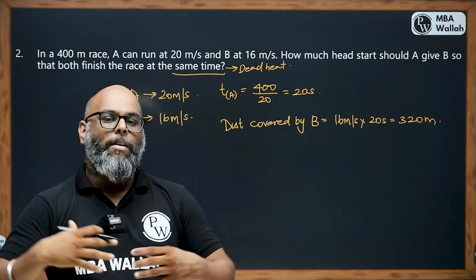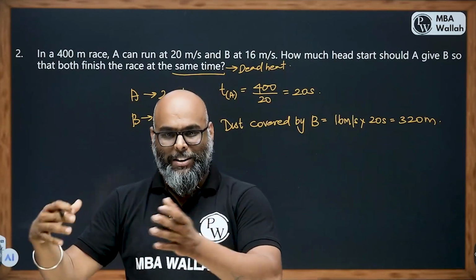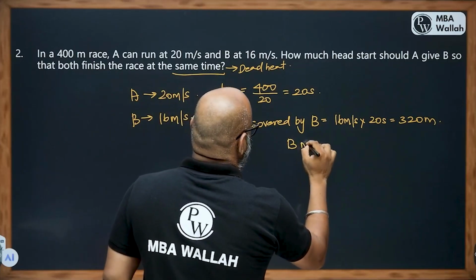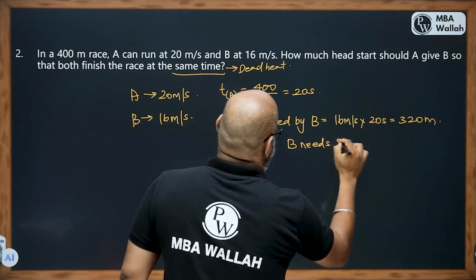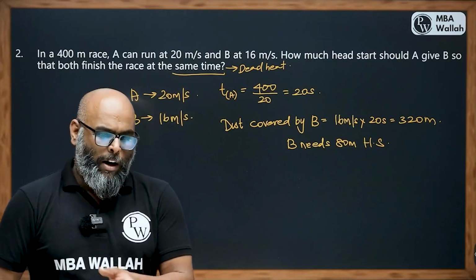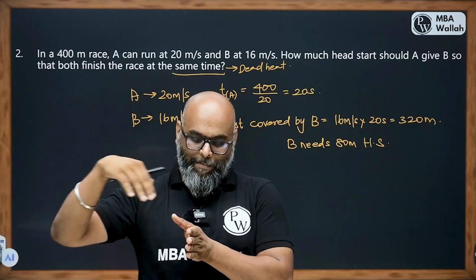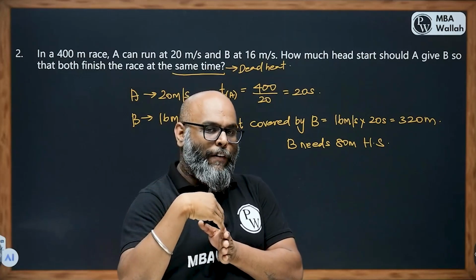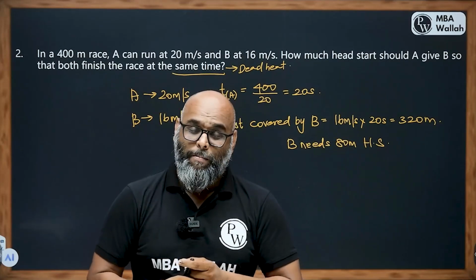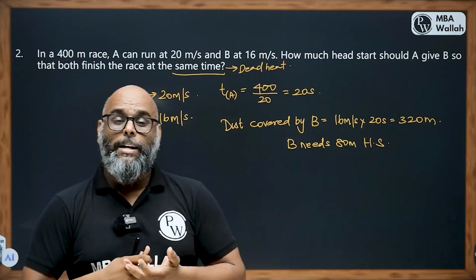So when A covers 400 meters, B covers only 320 meters. From here we understand that B needs 80 meters head start. Why? Because only when he gets this 80 meters head start, he can start and then run for 20 seconds and reach the finishing line at the same time as A. So that would be 80 meters head start for B.